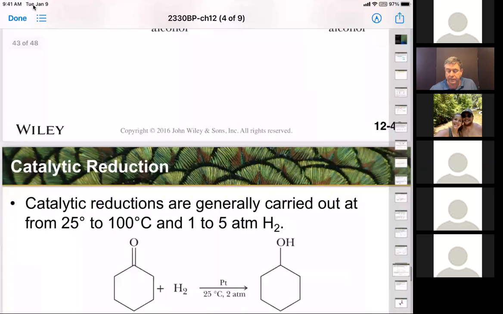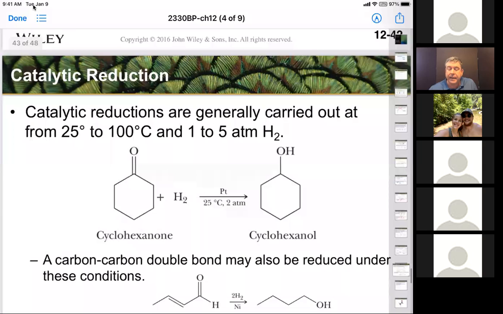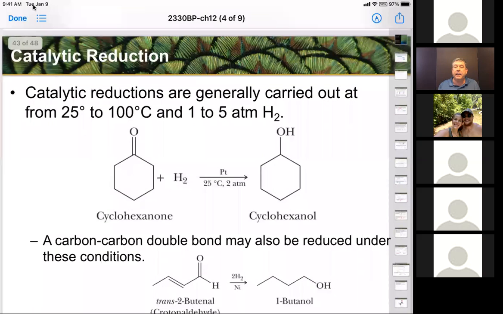It can be done with just hydrogen and a catalyst, but it takes a lot of pressure and a lot of heat. In this case, where we use hydrogen, hydrogen is a non-polar molecule, so we have to activate it and really hit it hard to get it to react. Unfortunately, it'll also reduce any other alkene or alkyne in your system.